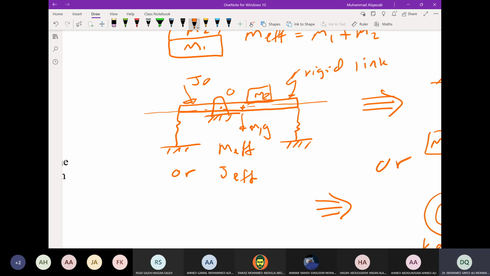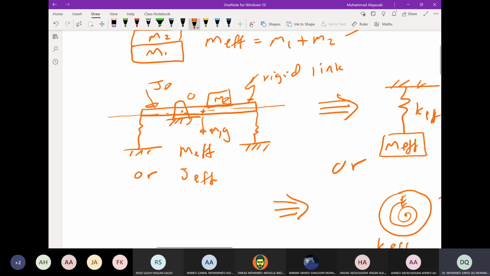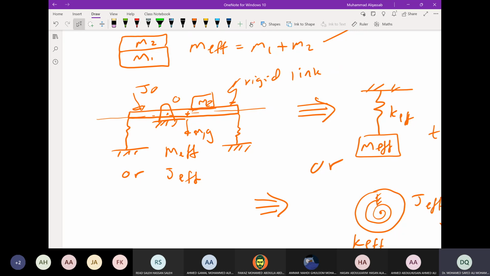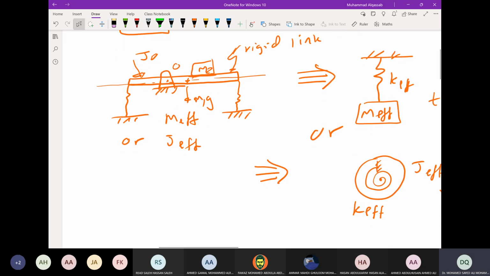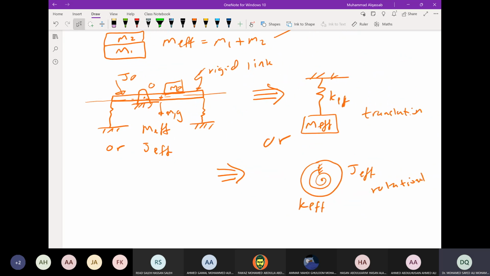They are not independent. Although we have more masses, this becomes a single degree of freedom system because the motions of all the masses are related.